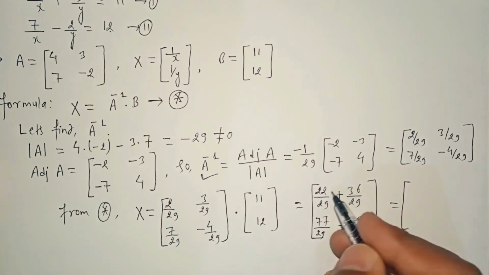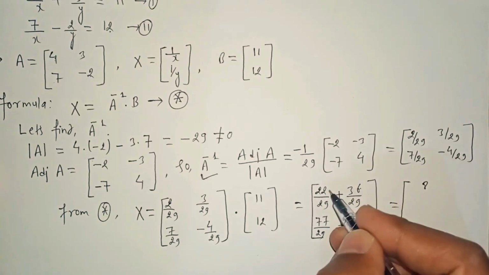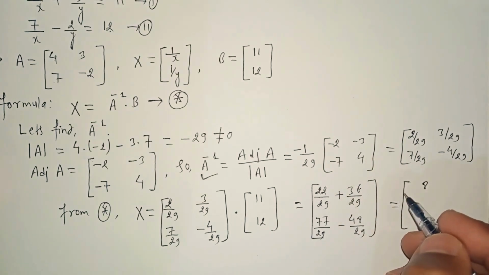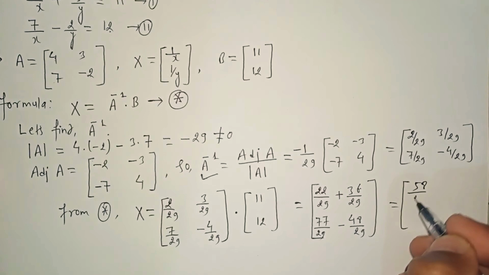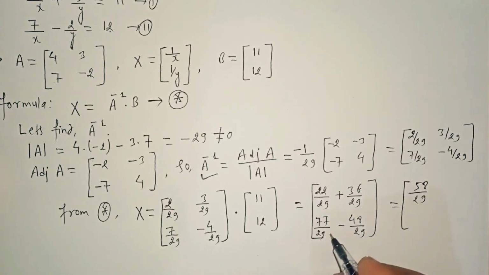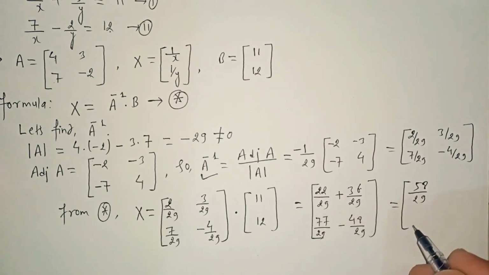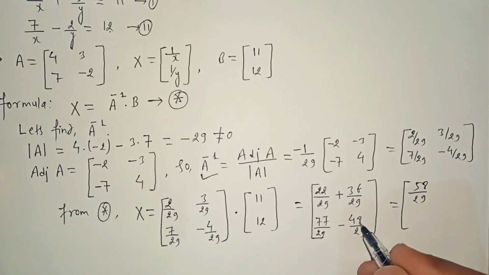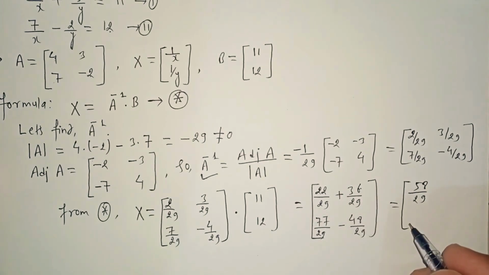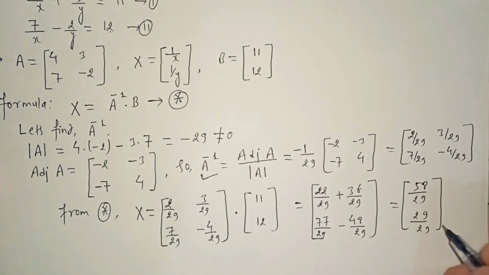Let's find the result here. This is 22 plus 36, 58 over 29, and 77 minus 48, which is 29 over 29.